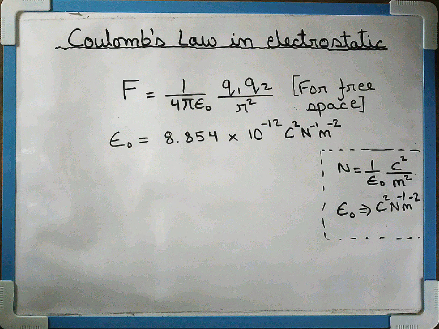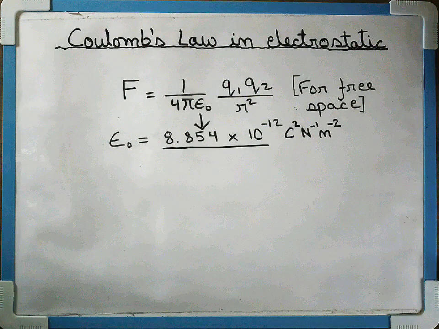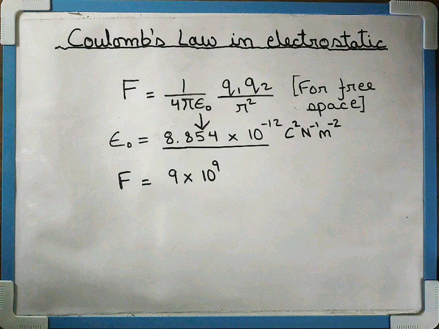So in free space, if we put the value of epsilon naught, 8.854 into 10 to the power minus 12, you can perform this calculation by yourself. What you'll get is that 1 by 4 pi epsilon naught will be equal to 9 into 10 to the power 9.